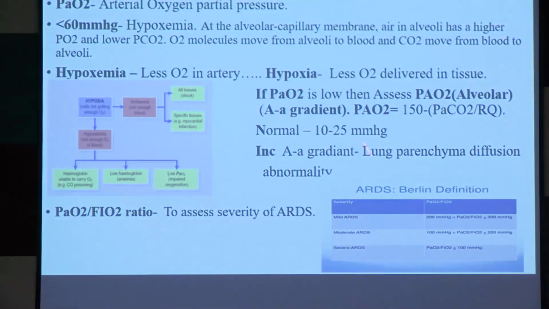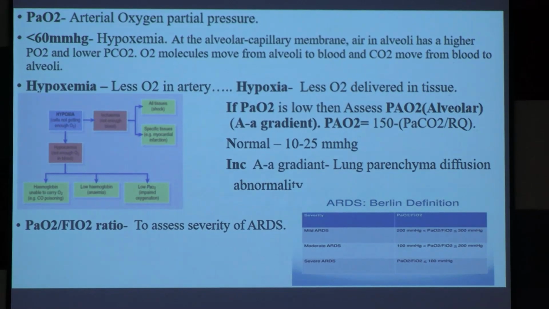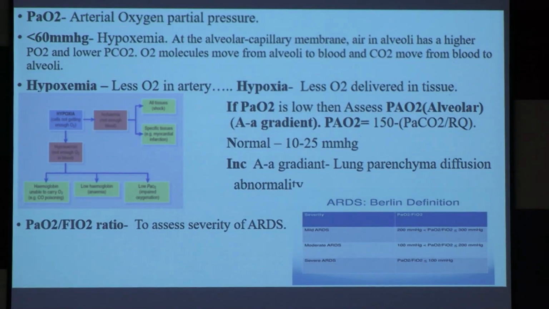So there is a severity calculation of ARDS by PF ratio. If it's mild ARDS, then the PF ratio will be 200 to 300. If it's moderate, then 100 to 200.